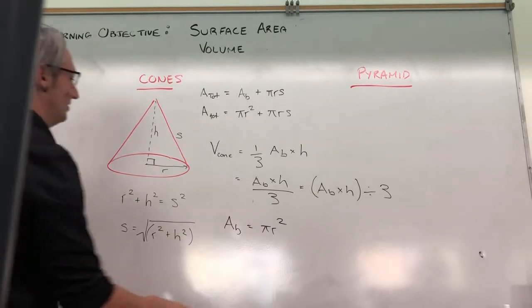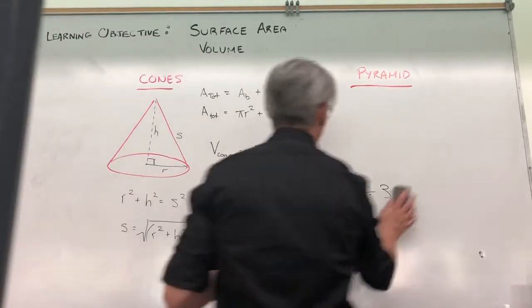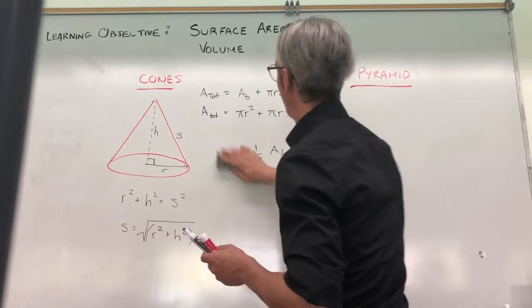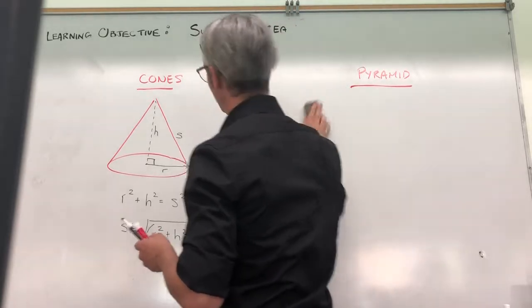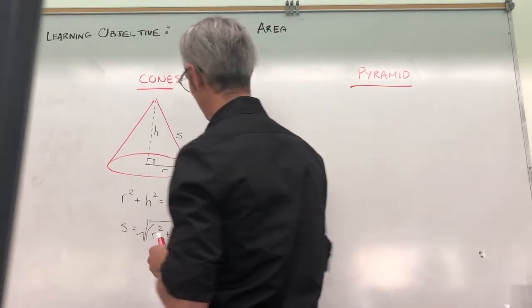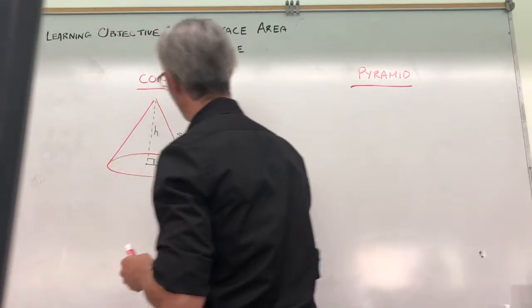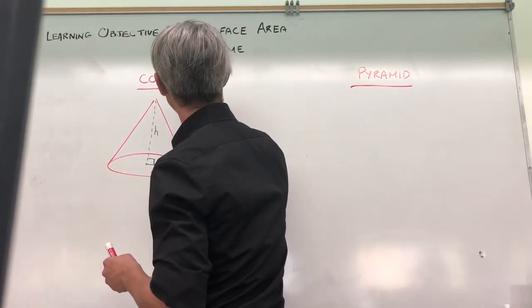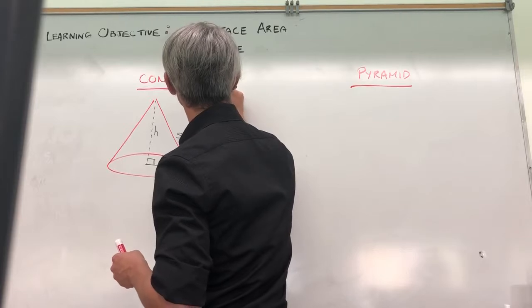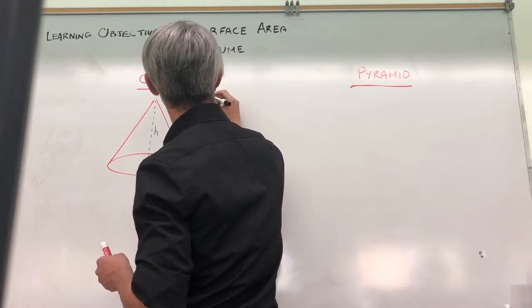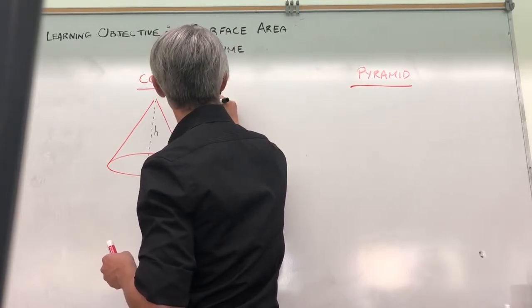So let's just do an example with numbers. Okay, so what if I said that the height of this cone is 10 centimeters and the radius of this cone is 5 centimeters.